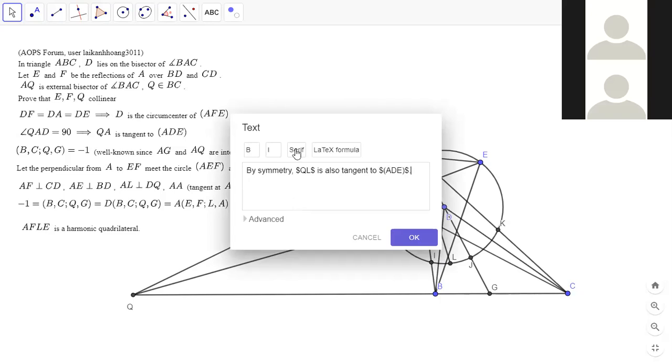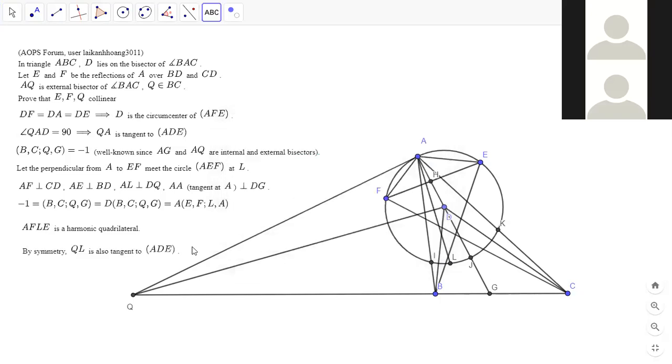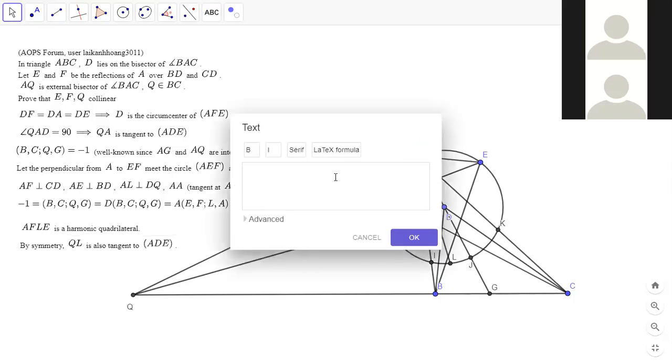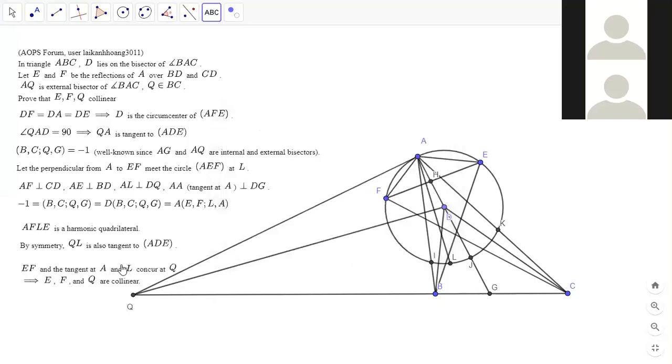And then once we know that, that means that EF passes through Q. Okay, so I could say EF and the tangents at A and L concur at Q, which is the same as saying E, F, and Q are collinear. All right. Very nice. So I will move on to the next one.